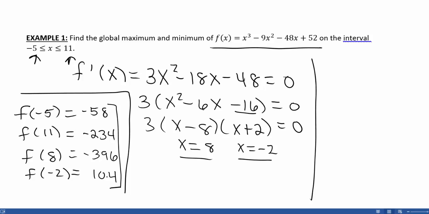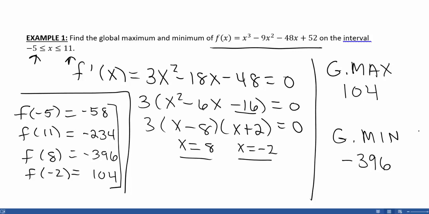So here, my global maximum, which I'm going to notate G max, is going to be the highest value on the number line, which is 104. My global minimum is going to be the lowest number on the number line. So that's going to be -396. So I was able to find my global maximum and my global minimum by comparing the values of the original function at my endpoints as well as my critical points.